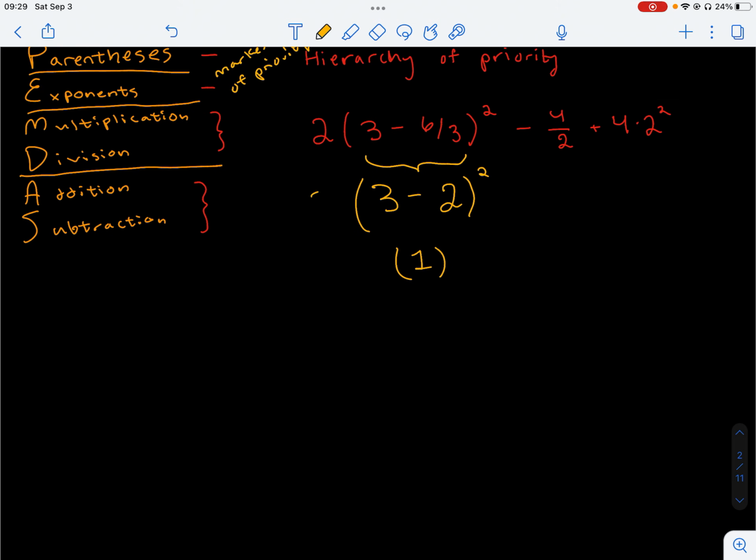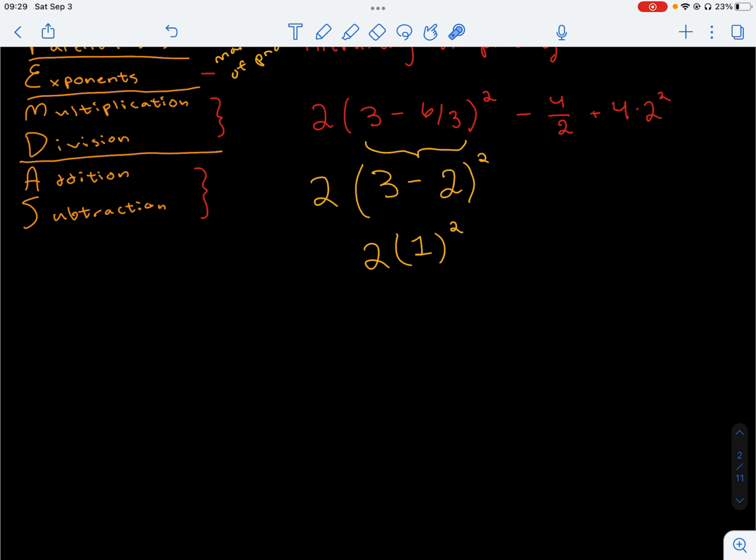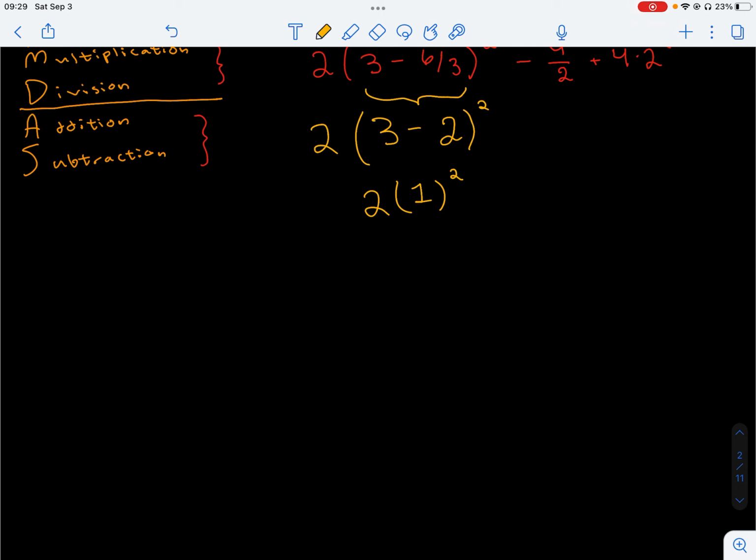I'm now going to copy down the other things that we had and move on. So, once what is inside of the parentheses is as simplified as you possibly can get it, you can now focus your attention outwards. So, resting on the shoulders of our parentheses term here, we have the exponent, and we have a multiplication of 2 by the side.